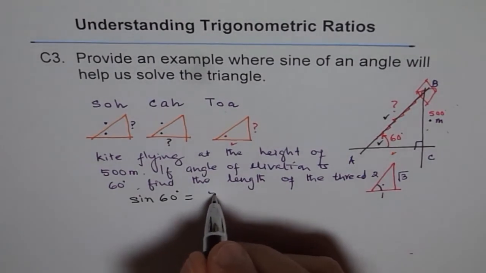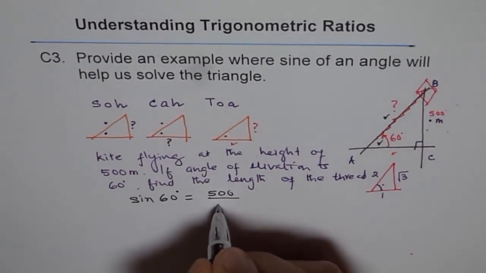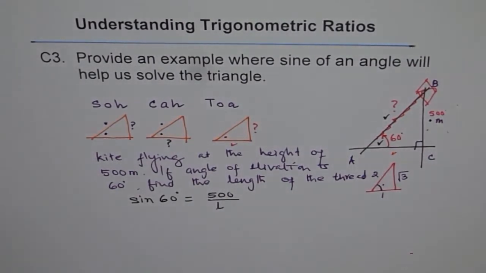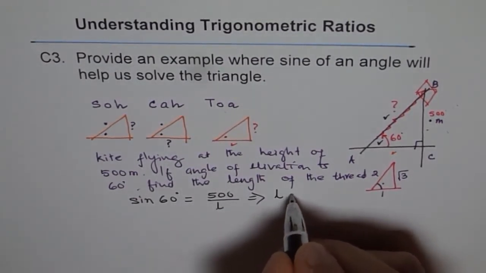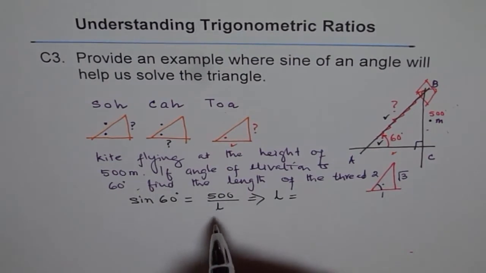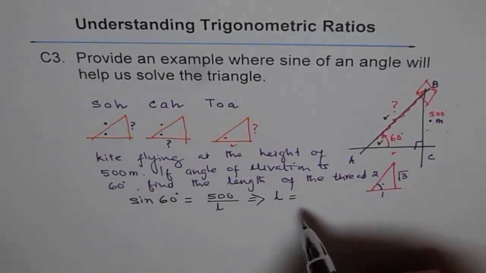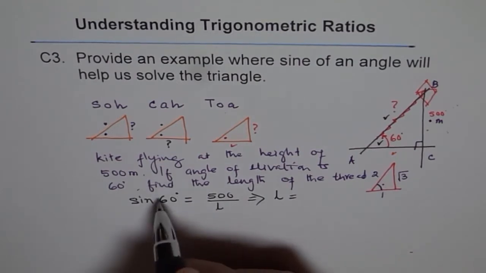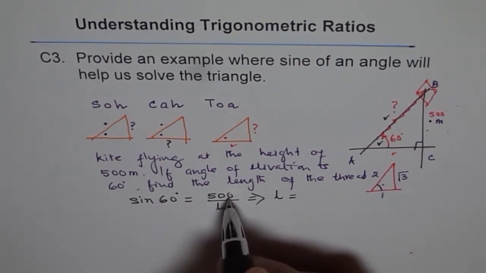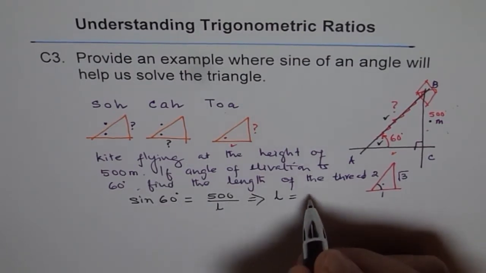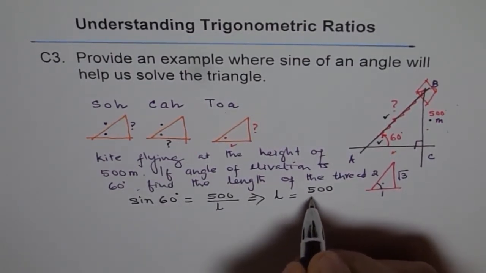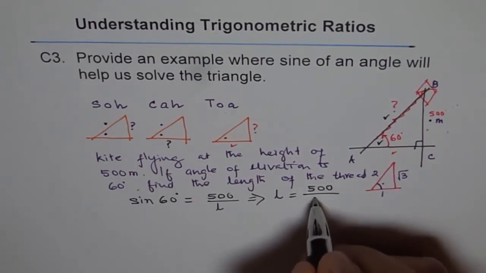So we say sine 60 equals 500 over the length of the thread, L. We cross multiply, so the length of the thread will be 500 divided by sine 60.